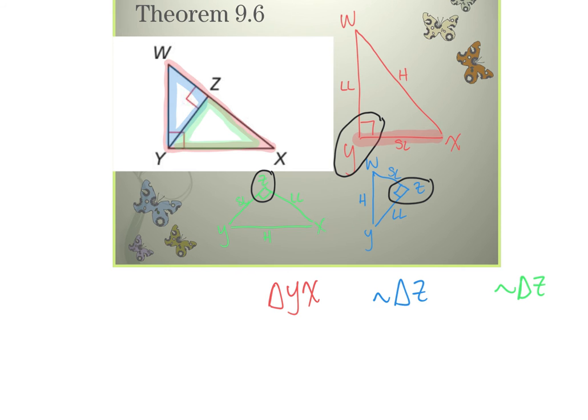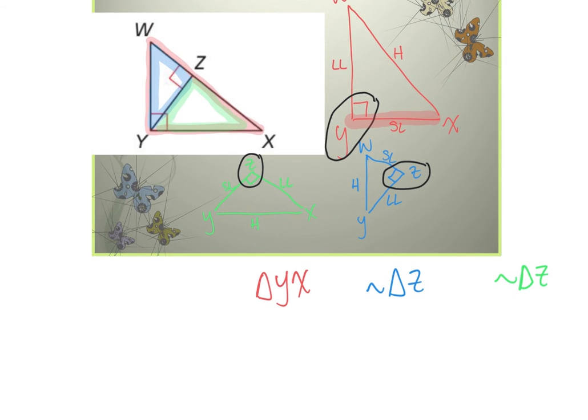So put an X in your similarity statement. And then check out the blue one. We would have to go from Z to where? To W. Why to W, guys? It's the short leg as well. Do you see that? So in your blue one, you're going to go from Z to W. And in our green one, we're going to go from where to where?